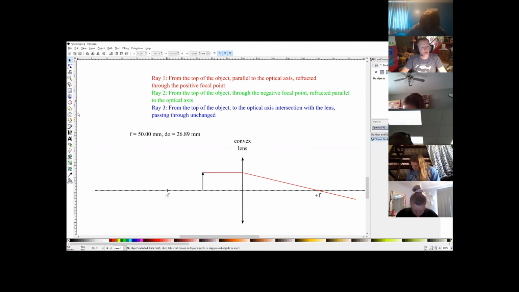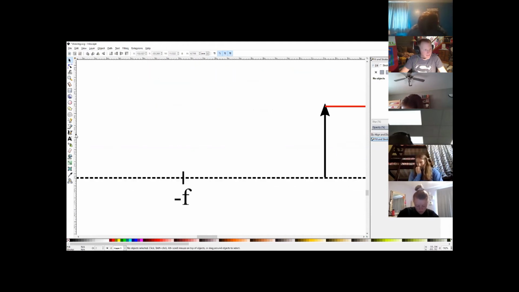Our second one goes from the top of the object through the negative focal point, which we can't really get to, so we're going to have to, as before, originate from the negative focal point, go through the top, and then it'll hit this lens. So I realize now I have to make this lens much bigger to accommodate that. So I'm going to make it up like that, just so I know where that plane is. I'll have to zoom in to get the middle.